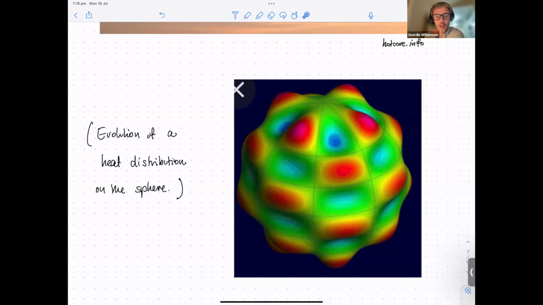Now, the equations determining the evolution of the heat distribution would presumably be invariant under rotations of our sphere. Okay, so if for example this area here moves across to here as the system evolved, and then we move the sphere, we expect to be able to predict how the moved distribution will evolve. So this is an example of a prediction that we expect to be invariant.